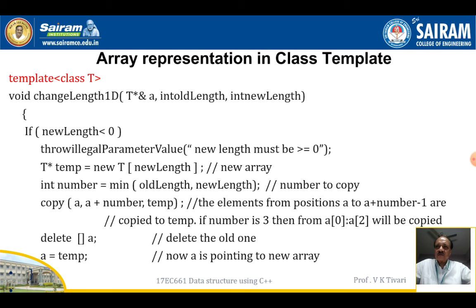Template class, we have to define void change length one dimensional, with template of A, old length and new length variables. And this program expresses the same algorithm which we have discussed above in three lines, copying the temp function to A.